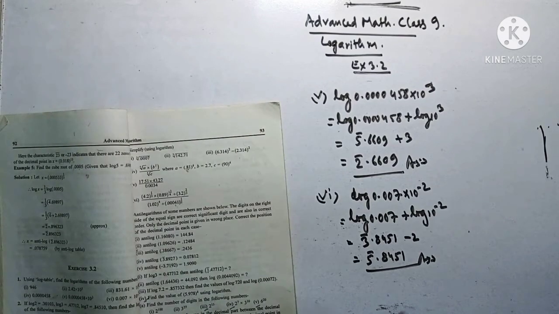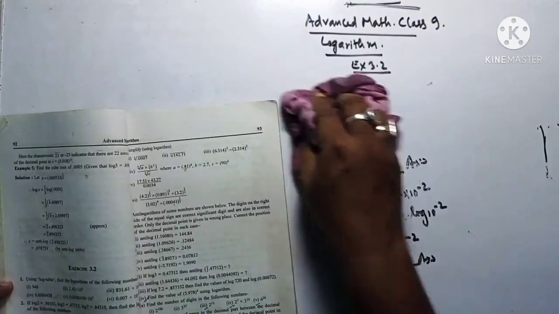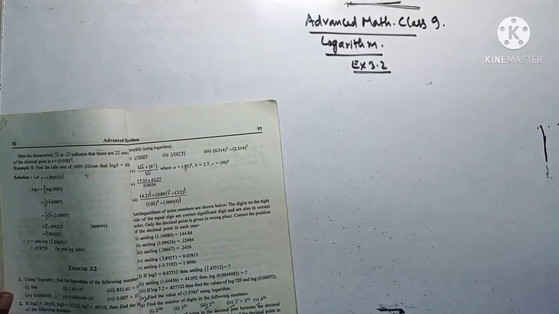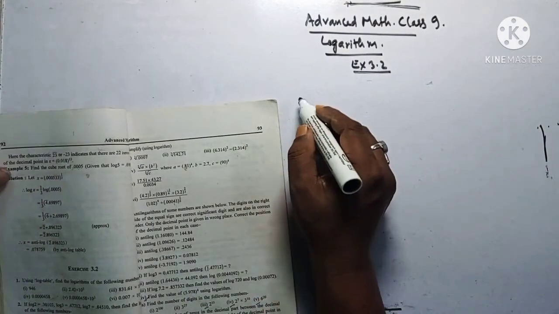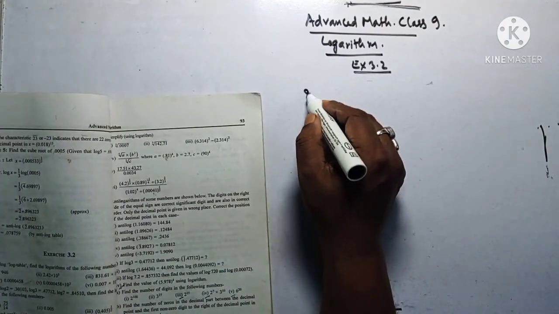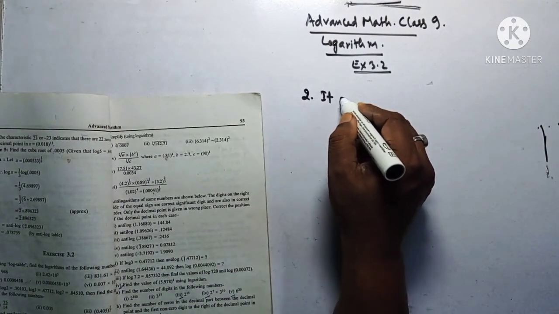So this is question number 1. Now I am going to question number 2. I am going to do only one question for you. Rest I think you can do it yourself. You have to find the logarithm, because the value of log is given to you.